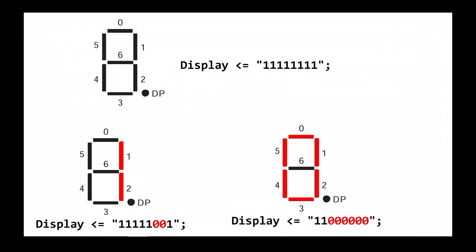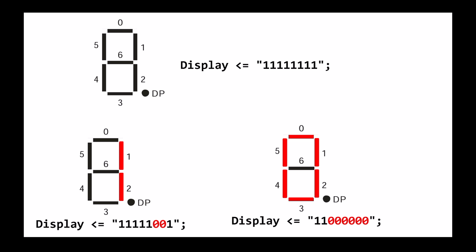To provide examples on this, here at the top we see a 7-segment display where all the segments are turned off, including the decimal point. Here we have a total of 8 bits, so the display output must be assigned a value of 8 bits of ones.